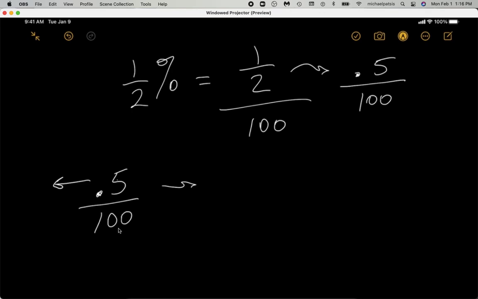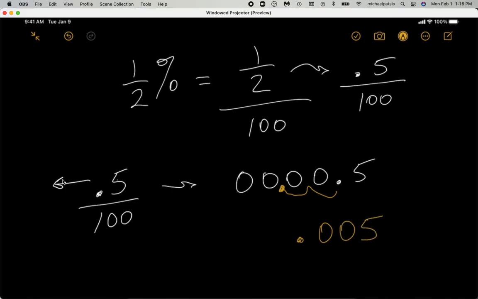Because I'm dividing. Whenever you divide, you make your number smaller. How do we make a number smaller? We move the decimal place to the left. So I put a bunch of zeros in here. Then I put my 0.5. Now, when I move my decimal 1, 2 places, it's clear to me that my final answer is 0.005.